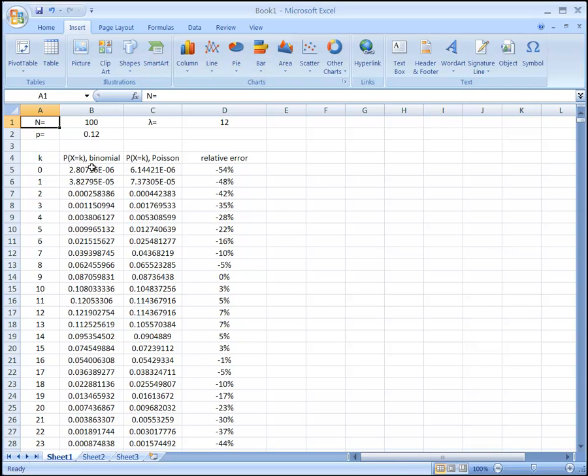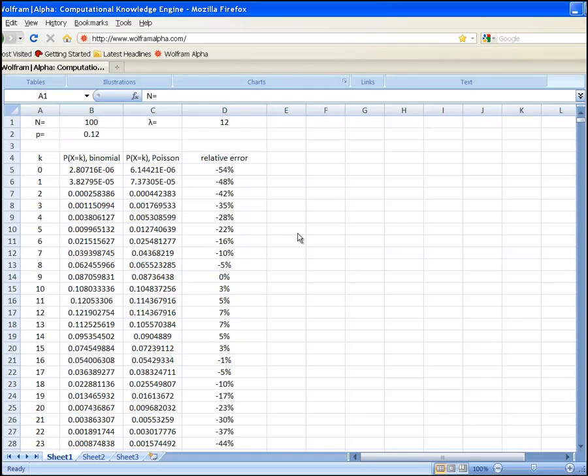For this probability for a binomial distribution, it's n choose k, so it would be 100 choose 0, times 1 minus p, that would be 0.88, to the power of n minus k, that would be 100 minus 0, 100, times 0.12, p, to the power of k, to the power of 0. Let's go ahead and enter that into Wolfram Alpha and make sure that that is really what this number is getting at.